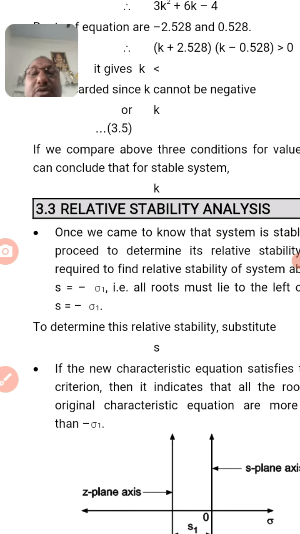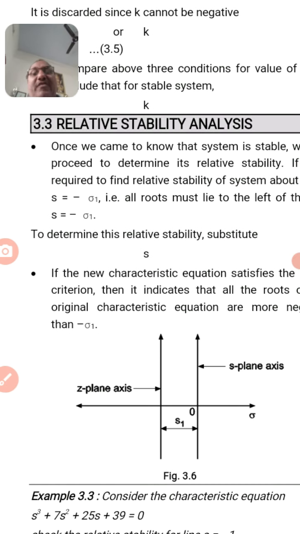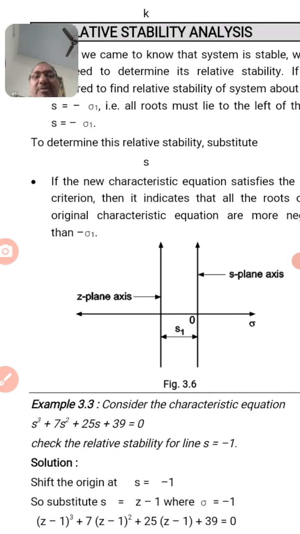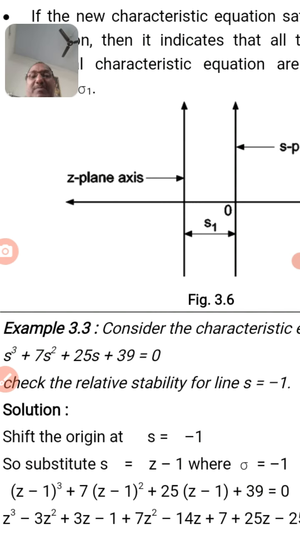We will switch to the next point, that is relative stability analysis. The other application of this is relative stability analysis. Relative stability means if we have a stable system, suppose we know that our system is stable. In an example, s raised to 3 plus 7s square plus 25s plus 39 is equal to 0.